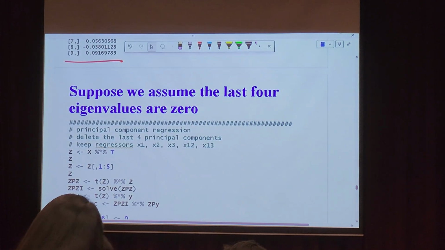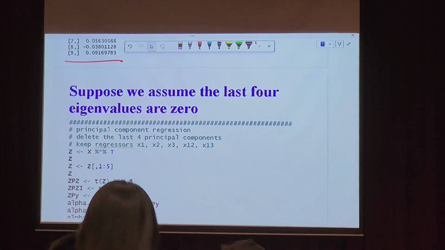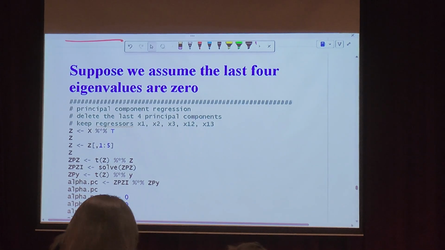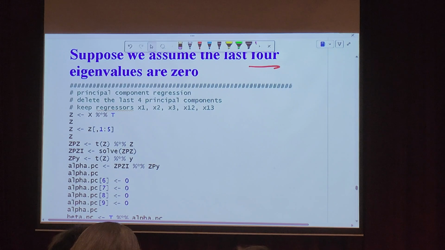Because this method is a little subjective, someone might say the last 4 eigenvalues are actually quite close to 0. So now I do 4. What happens? Well, I keep 5 then. That means I keep 5 of them.